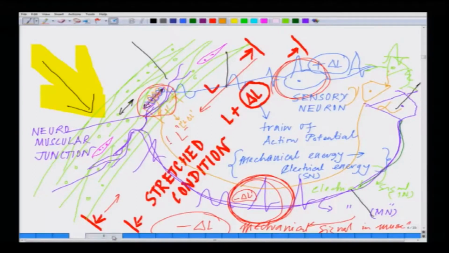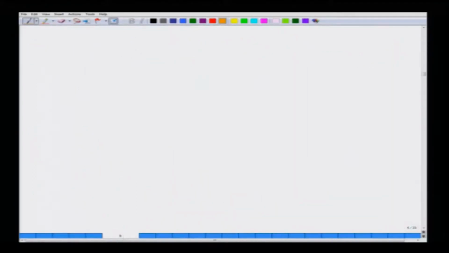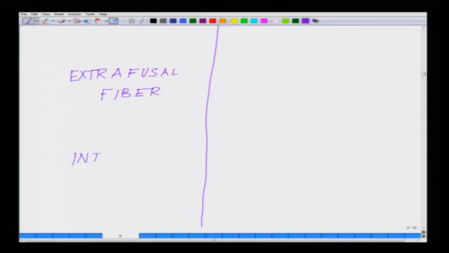So, now just to make the slide much cleaner, component-wise, let me put all the components one by one. You have the extrafusal fiber, you have the intrafusal fiber, which is also called the muscle spindle.